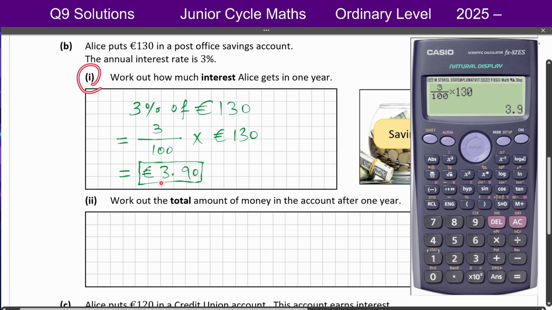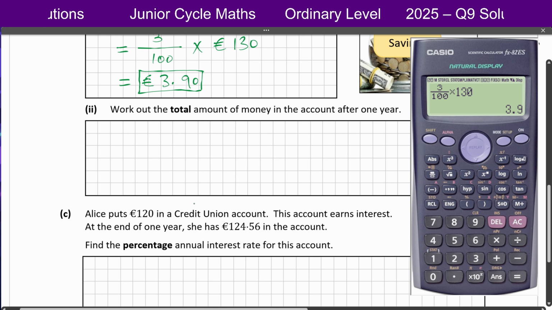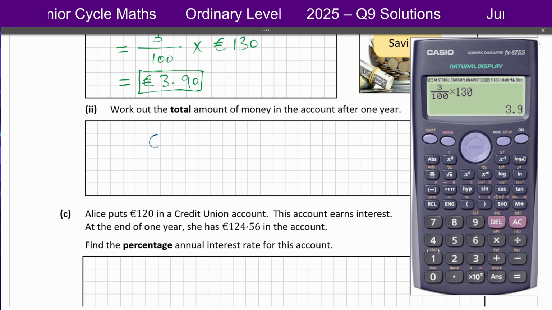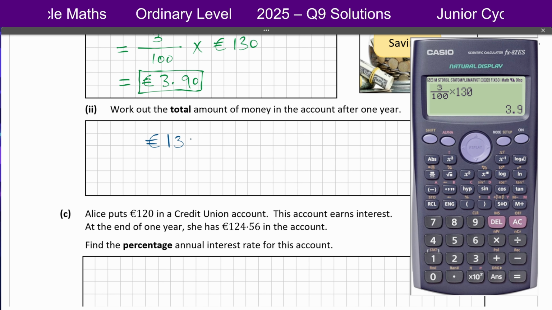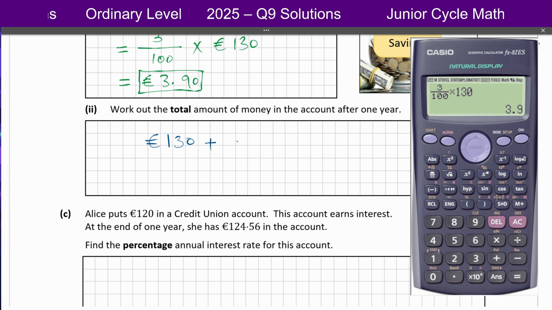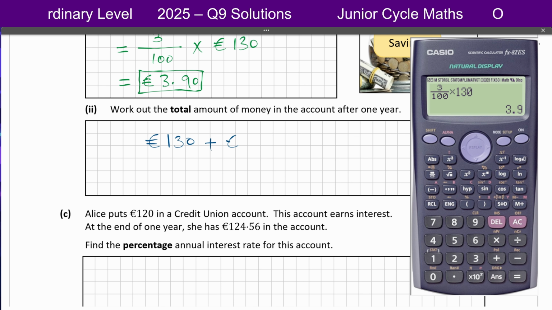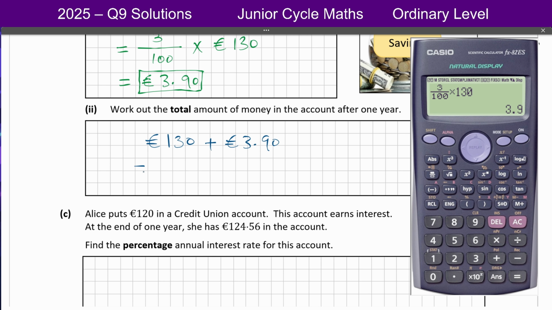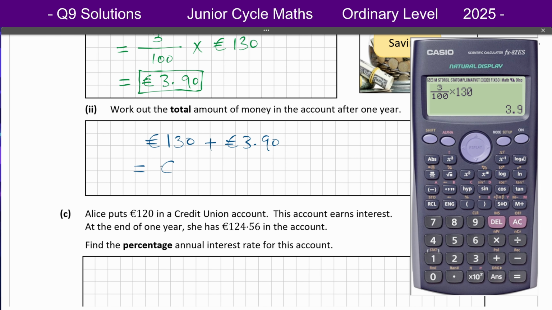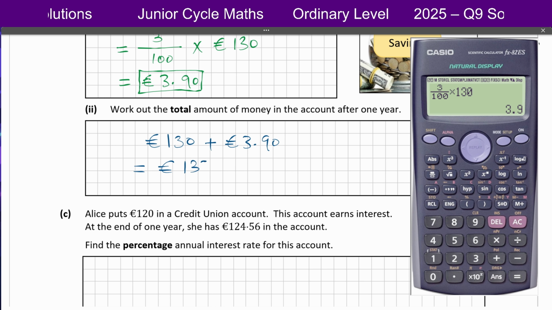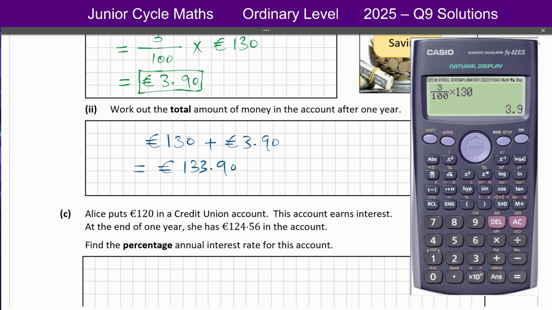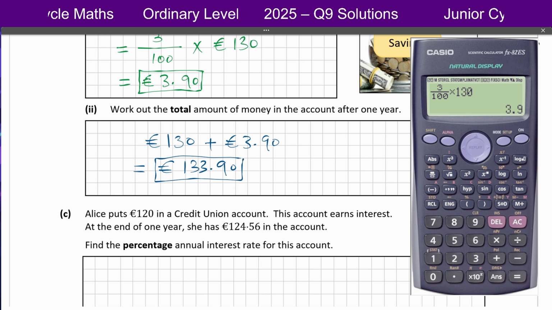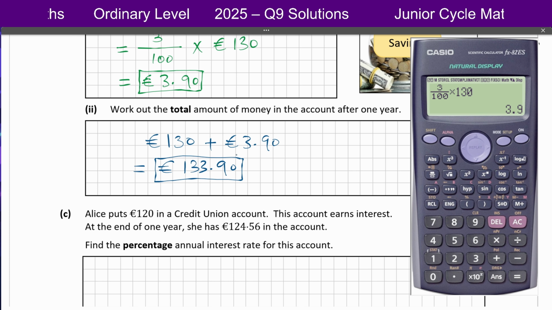So we have initially €130 plus the interest of €3.90, which gives an answer of €133.90. That's the correct answer for the second part of the section.